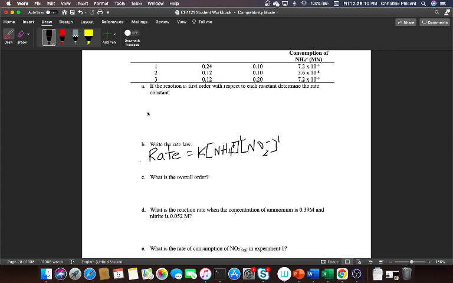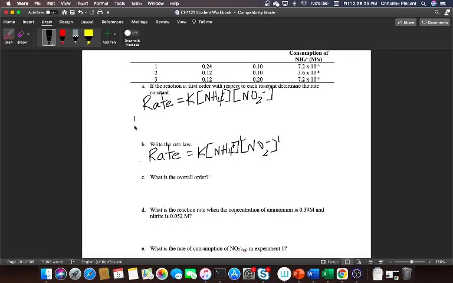I will go back to question A now and find the rate constant. So I will use my rate law, which I just wrote in question B, as a formula, and I will calculate the rate constant, k. So rate equals k times ammonium times nitrite.